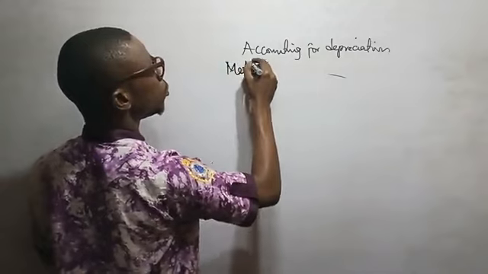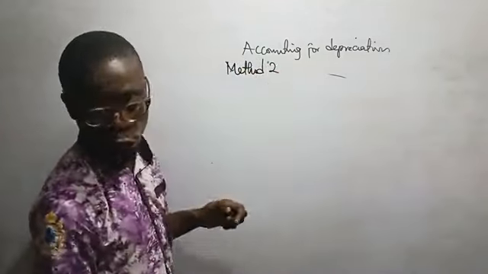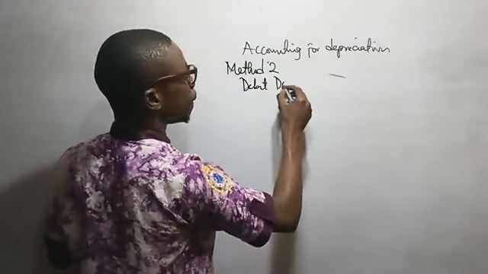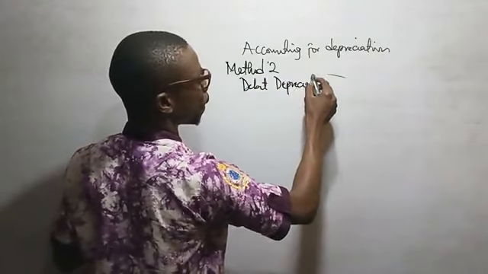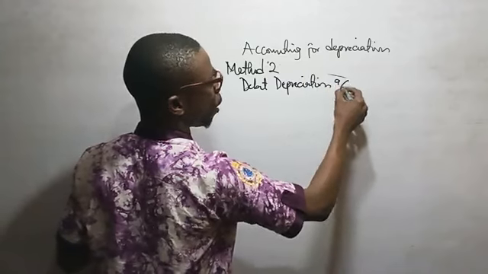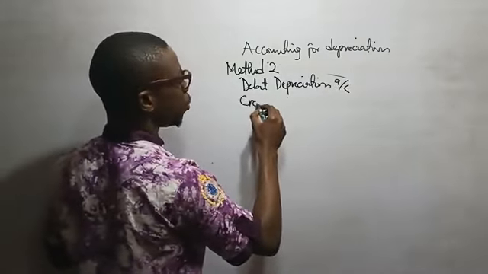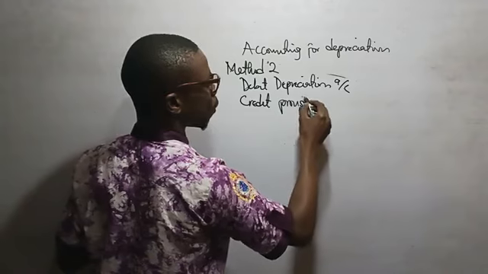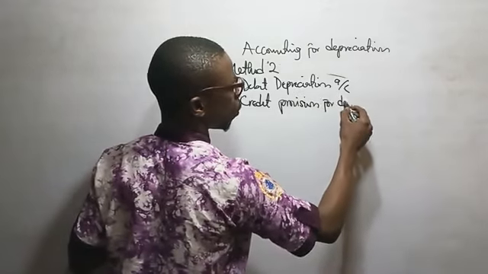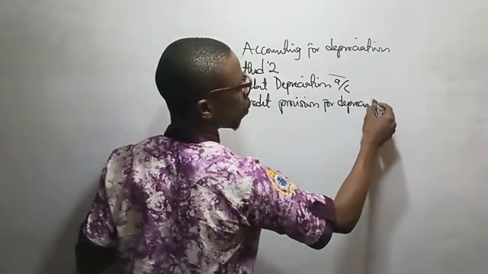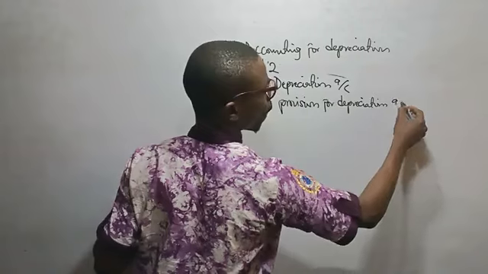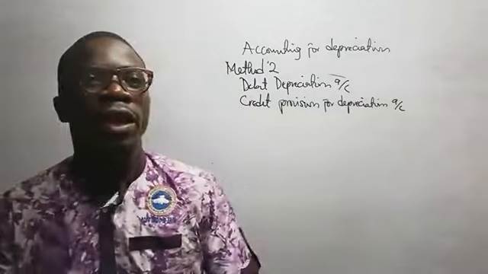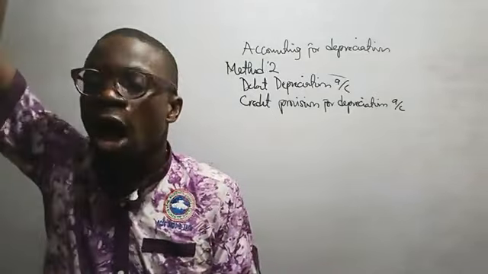Method 2 says that you will debit the depreciation account and you credit the provision for depreciation account. So in this method, the value of assets will be retained throughout the lifespan of the asset.